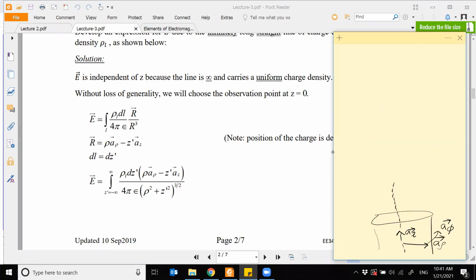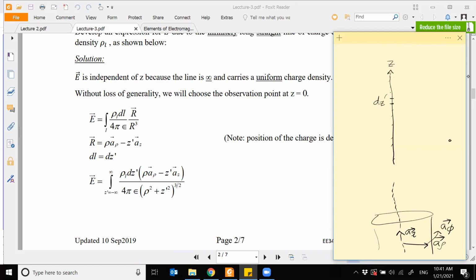Okay, so we got this. It is minus rho a rho plus z dash a z. And now what is my dl? We have seen here, my dl is nothing but dz dash, because my line charge is placed along the z-axis.